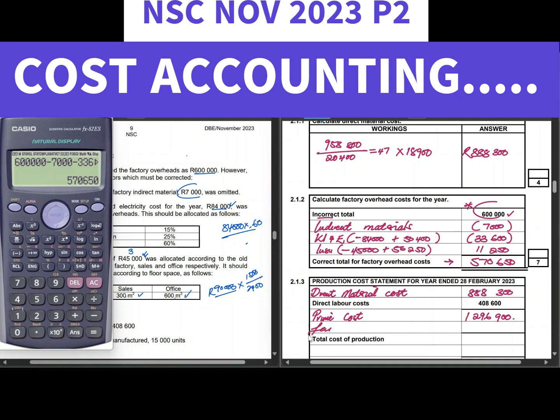So I'm coming here, I now have my factory overhead cost. This is my factory overhead cost, and my factory overhead cost is 570,650. So let me just do this on my calculator. I'm now going to say my prime cost, which is my 1,296,900.